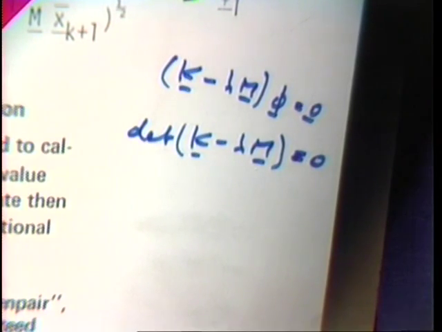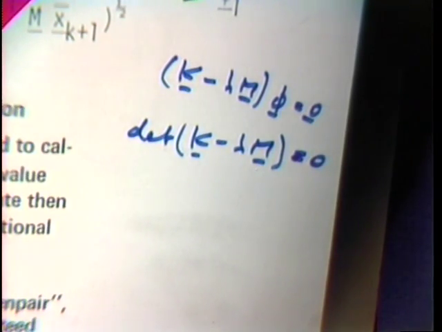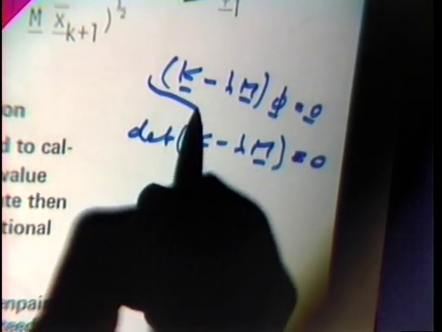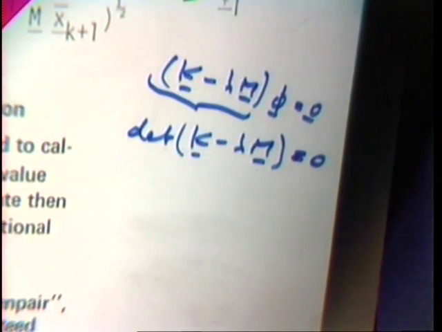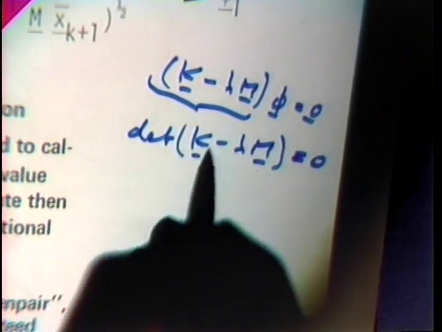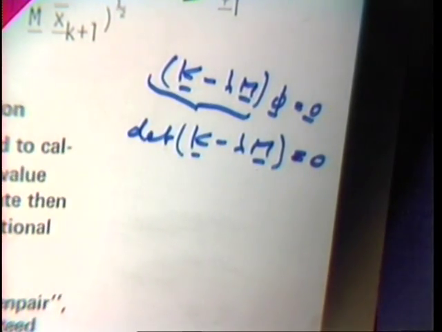And there is an important theorem in linear algebra that says that there is only a solution to this set of equations when this coefficient matrix is singular, which means that the determinant of this coefficient matrix must be 0.